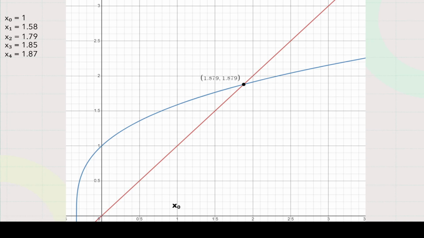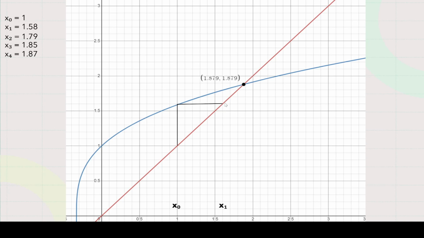Now what we're going to do is go from the y equals x line up to here, and we draw a line just like that. Then we go all the way horizontally back to this line here, like that. Which perfectly lines up with our x1 value, which is 1.58. So we can put that there, and it fits perfectly.